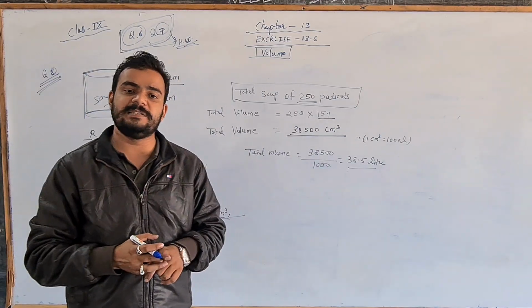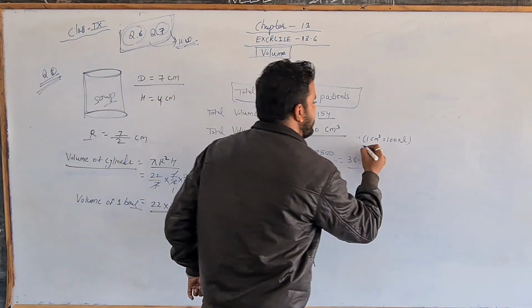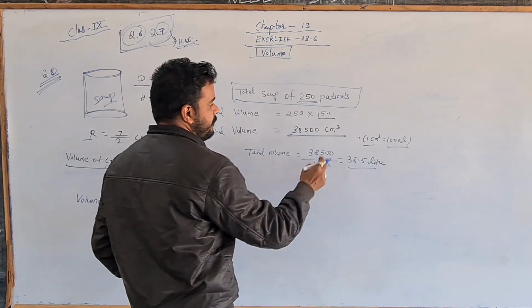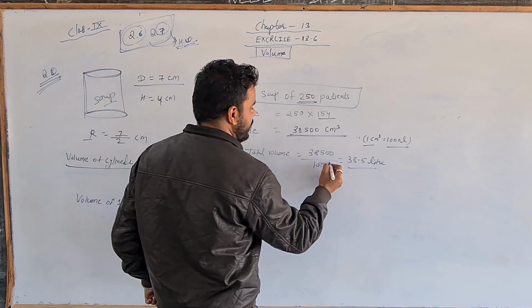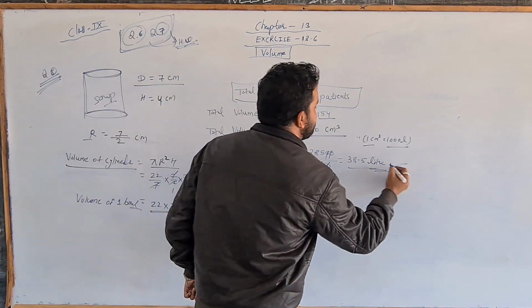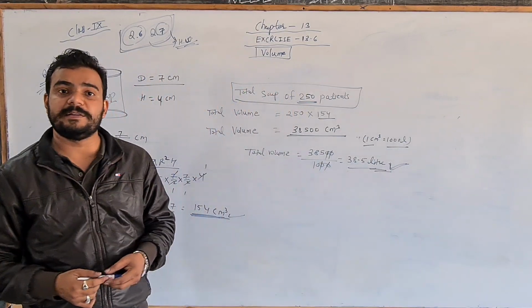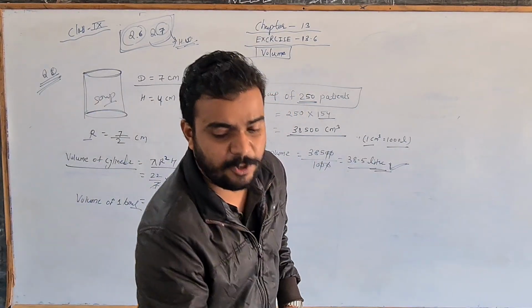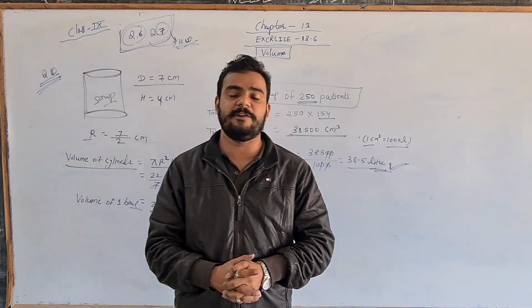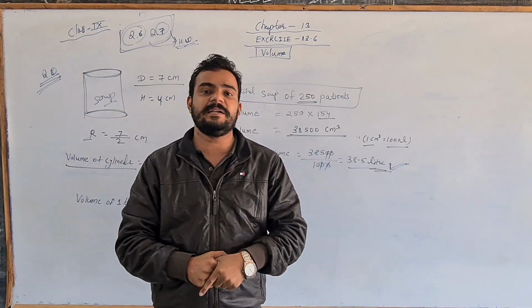But if you have to change it to liter, as you know 1 centimeter cube is equal to 1/1000 liter. So make the division, total volume is 38500 upon 1000, 20 and 20 will be cut. So 38.5 liter is the volume of soup required for the 250 patients in the hospital.